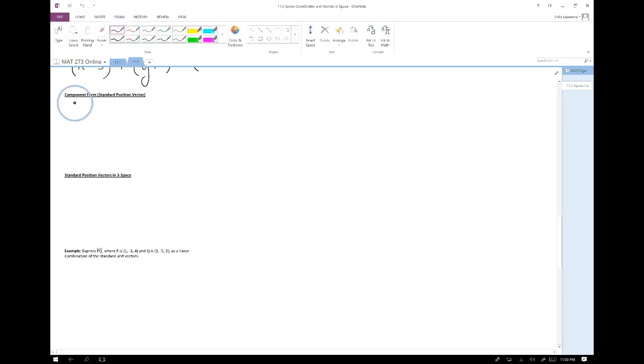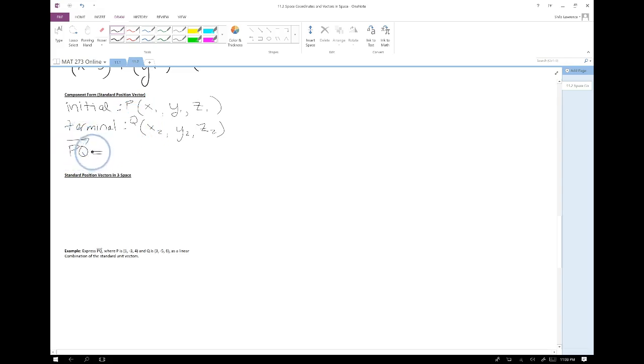So if we have an initial point at x1, y1, z1, and a terminal point at x2, y2, z2, we can take this vector, and I'm going to label them just for the sake of naming my vector.